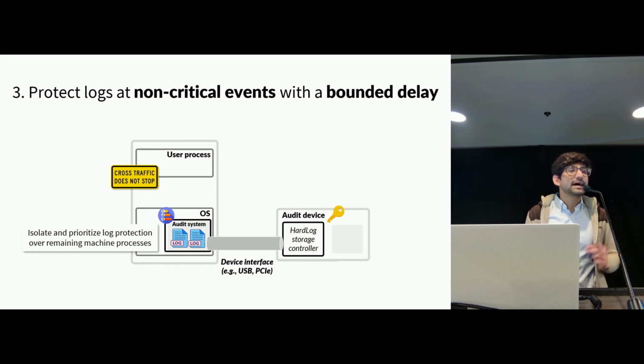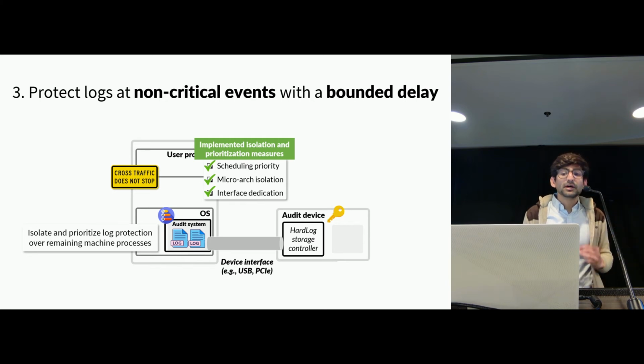To implement this isolation and prioritization, HardLog undertakes several measures, including prioritizing the scheduling of the audit system, isolating the microarchitectural components of the audit system and other background processes, and even dedicating the interface between the audit device and the host machine to avoid background interference.